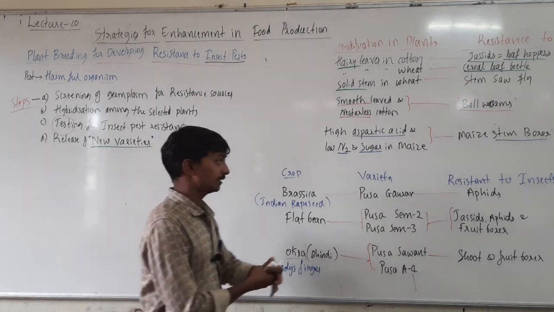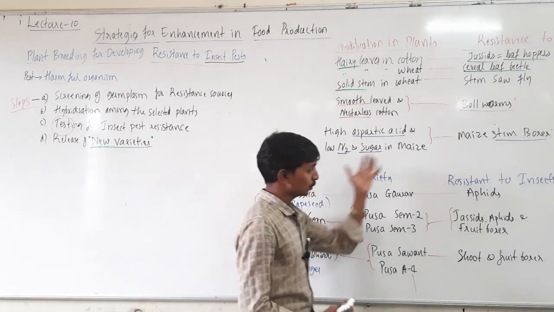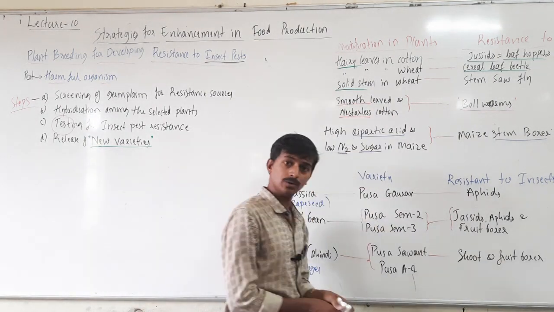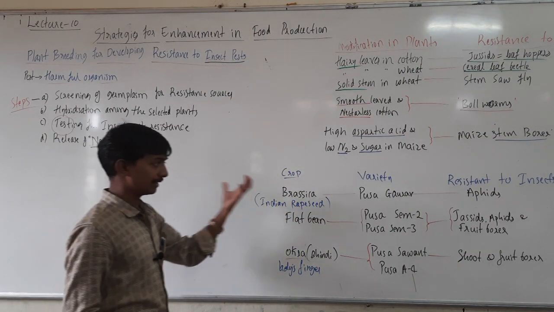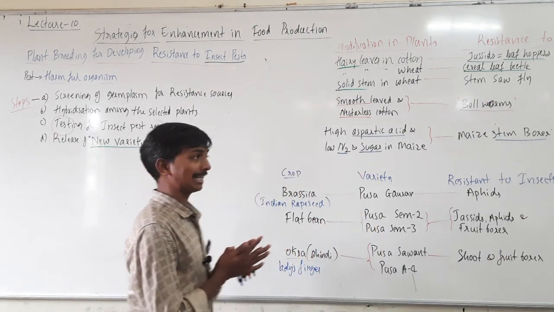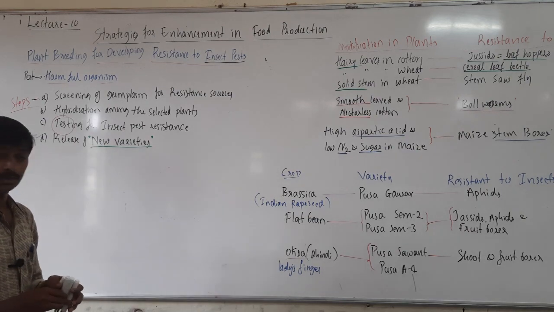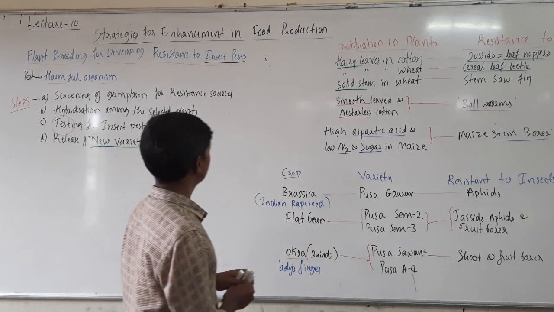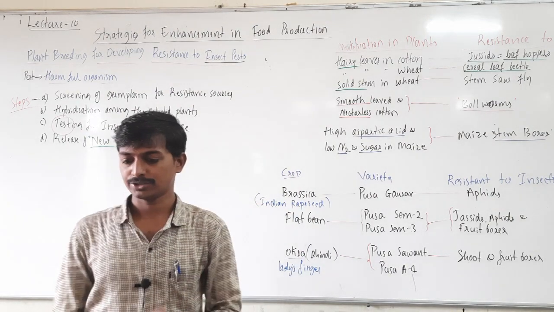So these varieties of these crops are resistant to these insect pests. By following these methods, varieties of various crops are developed so that they become resistant to those insect pests.